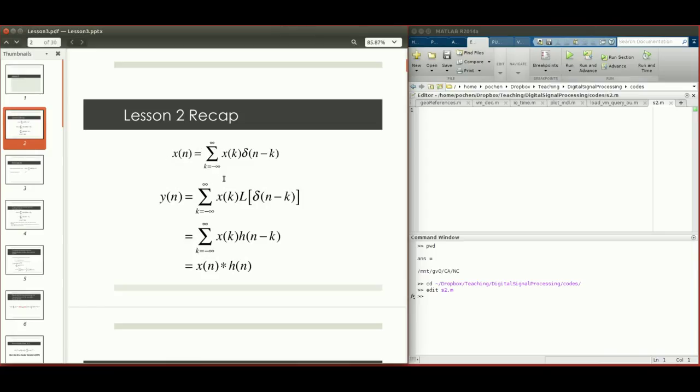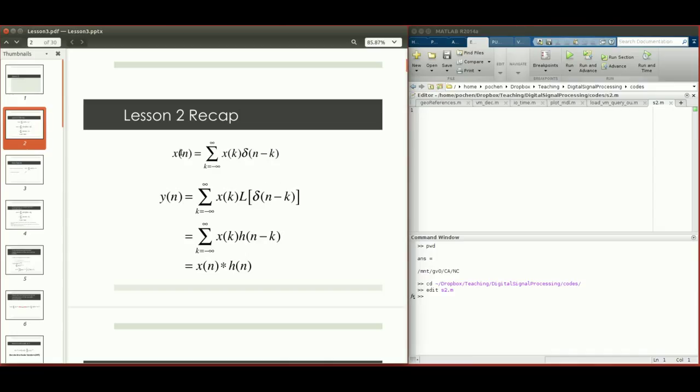Now let's look at lesson 2, probably the most important result from lesson 2. In lesson 2, we are representing any kind of signal, an arbitrary signal, using a building block called an impulse sequence. We can express any signal as a linear superposition of shifted and scaled impulse sequences.